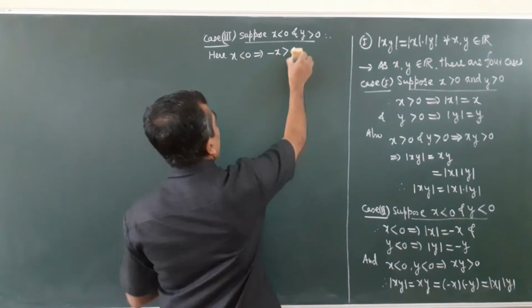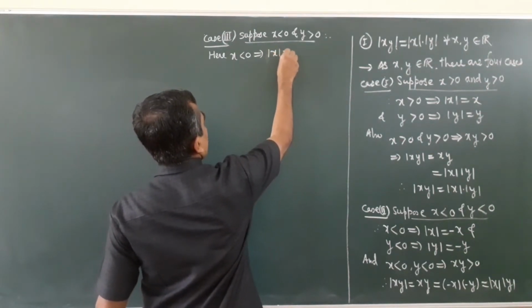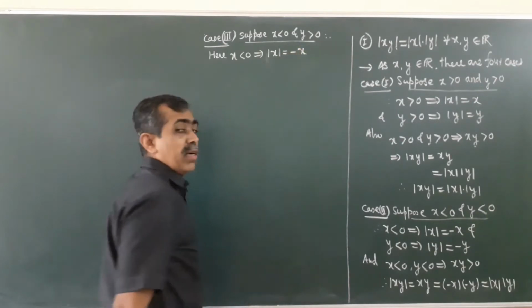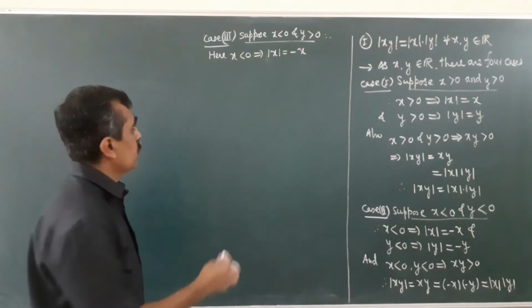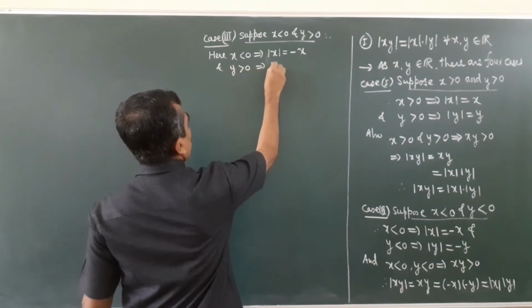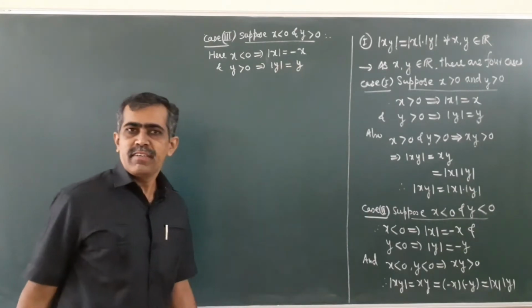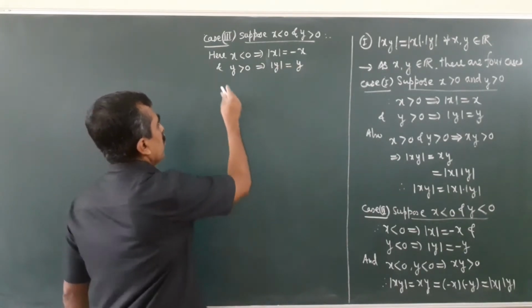Or I may write directly by definition: x less than 0 means mod x is minus x, and y greater than 0 implies mod of y is positive, so mod of y is y itself, right?